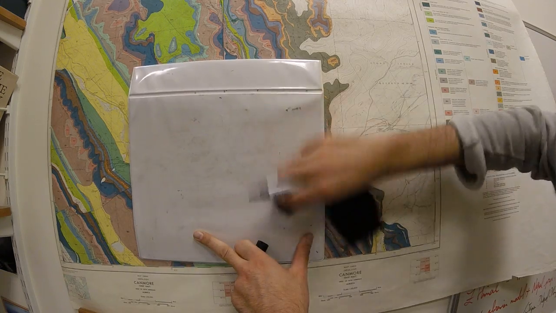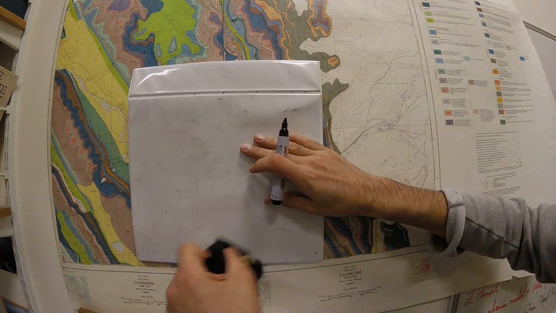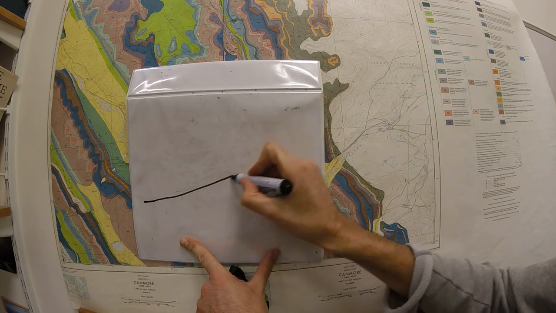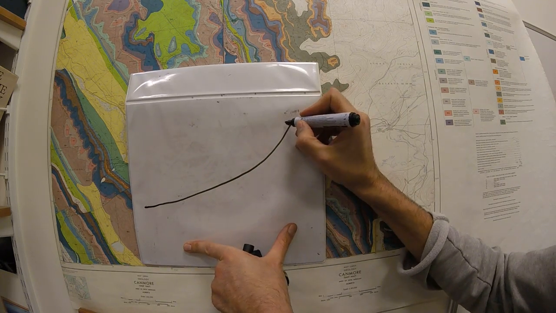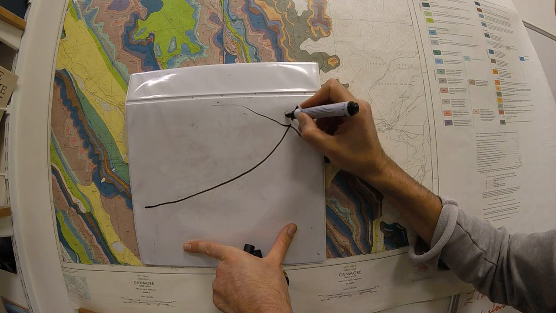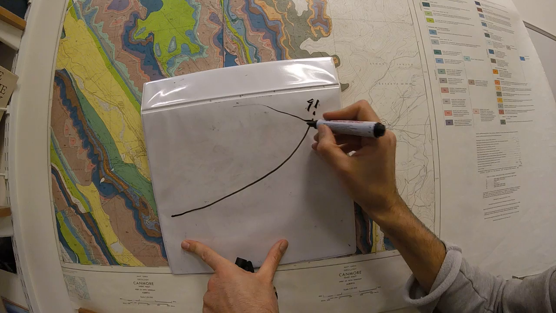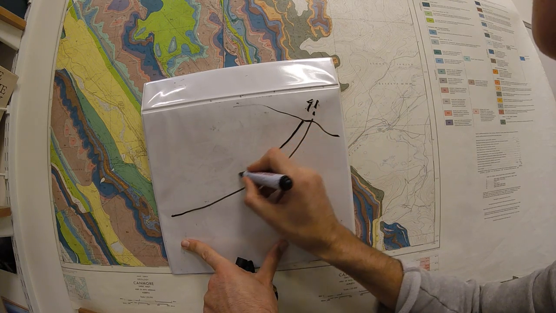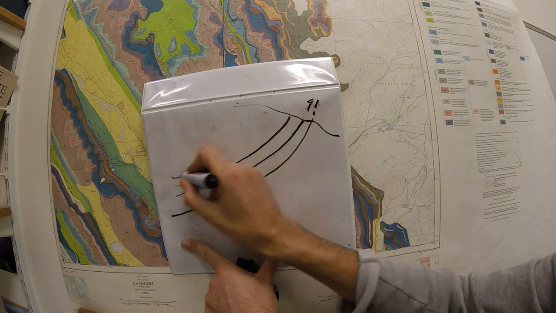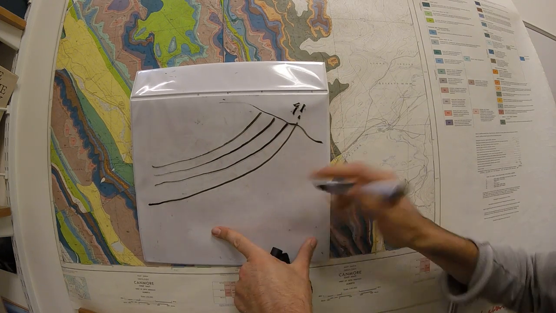Now, what would happen if we had a situation like that, where our thrust is like that? This is our topography. And in this case, what we have is something like that.